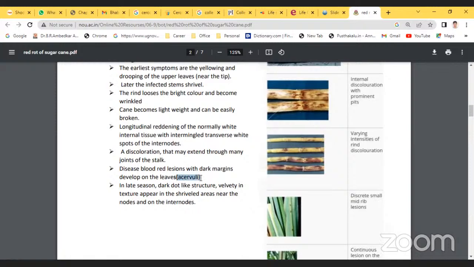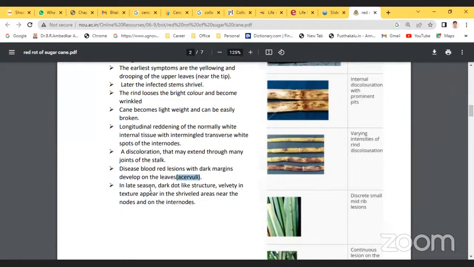The answer is acervuli. This answer is very, very important. We observe acervuli in the asexual stage of Colletotrichum.